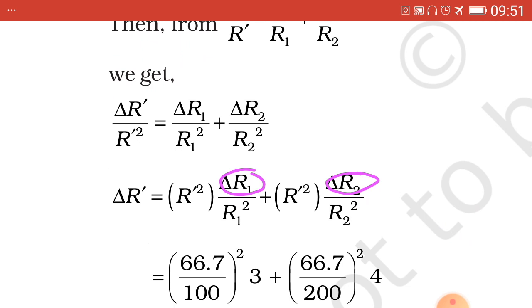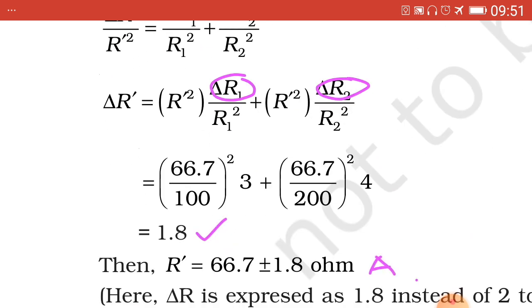Therefore, making delta R dash the subject of the equation and cross multiplying, it is equal to R dash square into delta R1 upon R1 square plus R dash square into delta R2 upon R2 square. Now here terms have been slightly reshuffled, and we substitute delta R1 value, which is 3, and delta R2 value, which is 4.